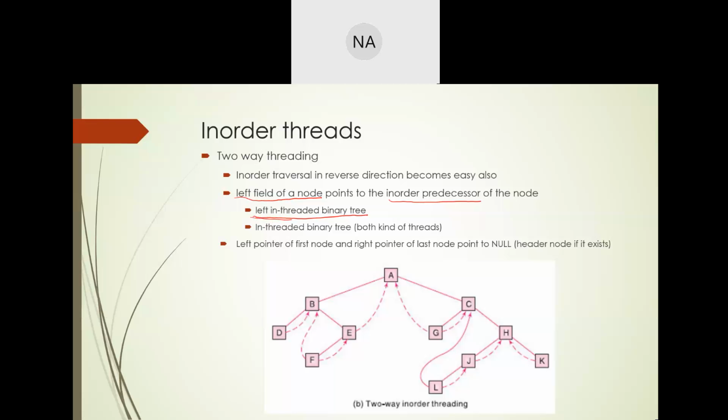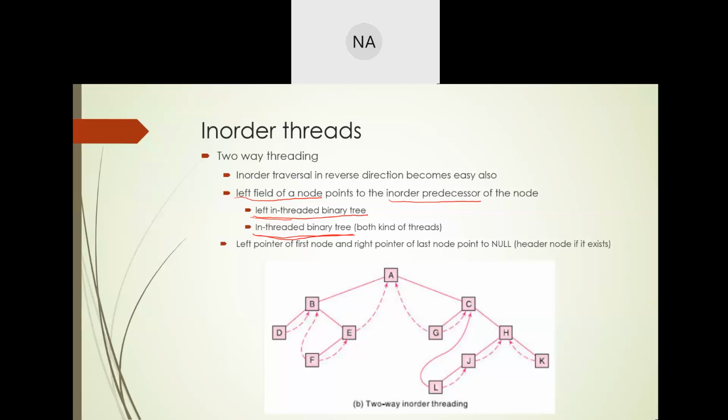Those kinds of binary trees are called in-threaded binary trees, because we are using both the left and right pointers. In the in-threaded binary trees, we store both left threads and right threads. The left thread points to the in order predecessor, and the right thread points to the in order successor.